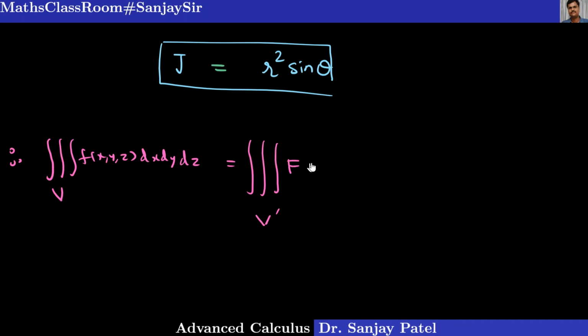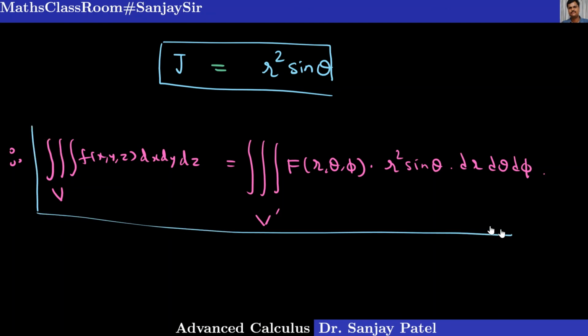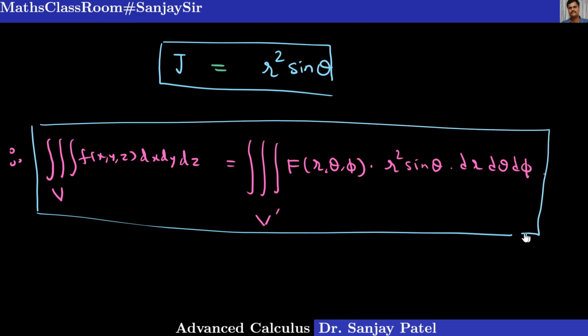So this becomes a function of r, theta and phi, and dx dy dz is replaced by the mod of this, so r square sin theta dr d theta d phi. So this is our transformation formula for changing the variables from Cartesian to spherical system in triple integral.